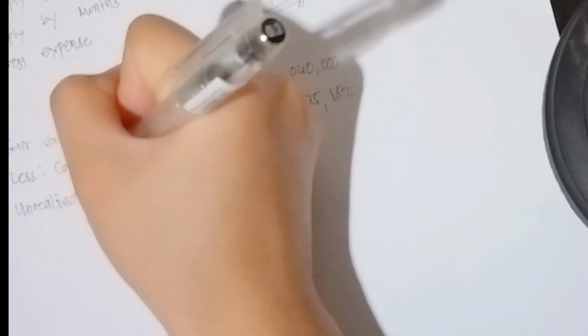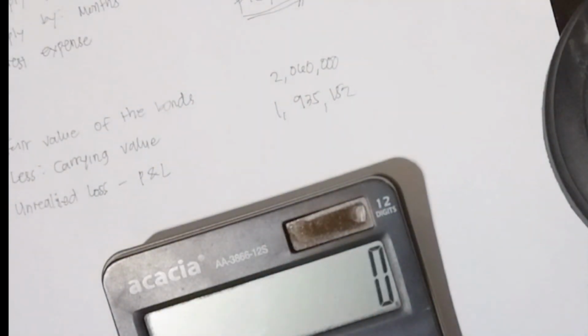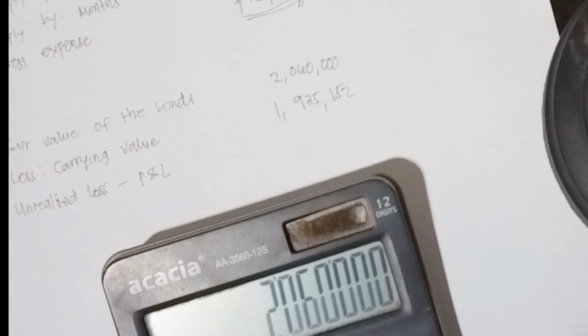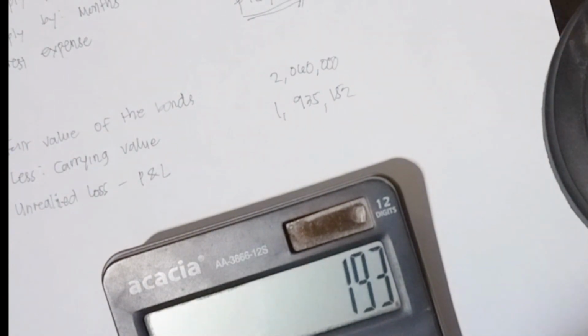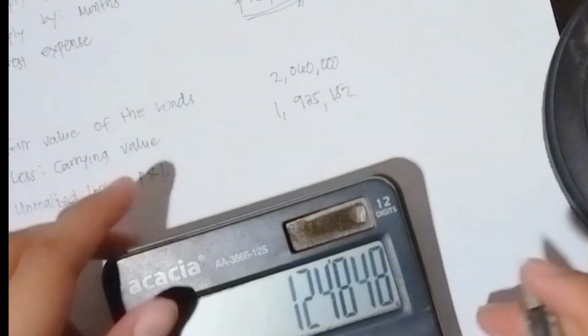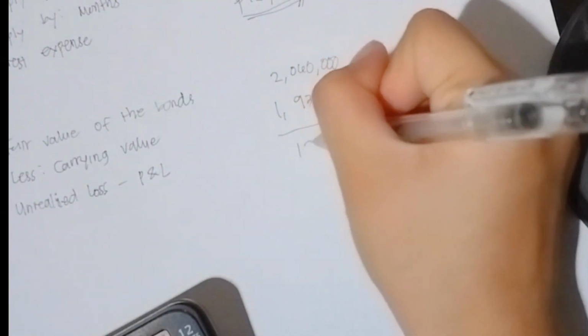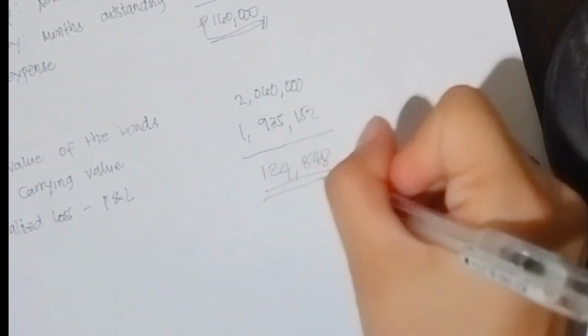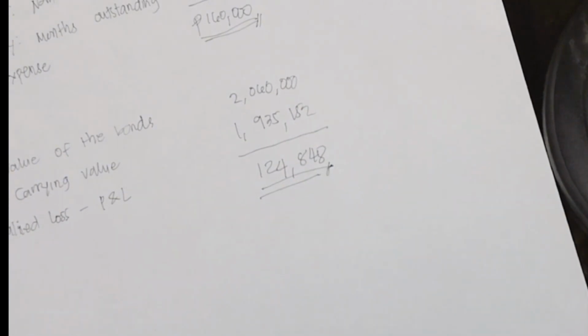So we get the unrealized loss, which is to be presented in profit or loss. So 2,060,000 minus 1,935,152 gives us 124,848. So the unrealized loss in 2021 to be recognized in the profit or loss is equal to 124,848 pesos.